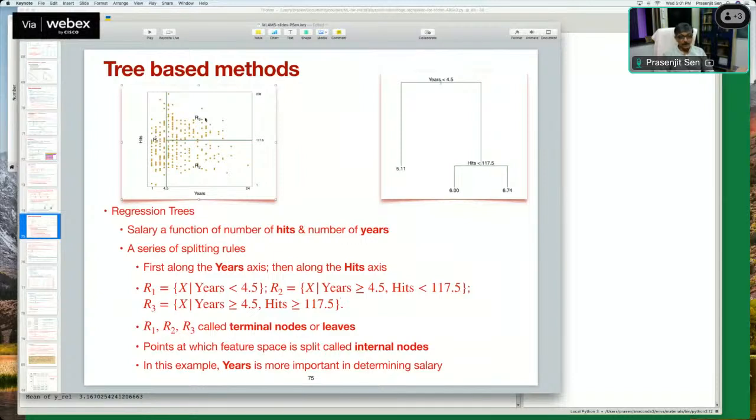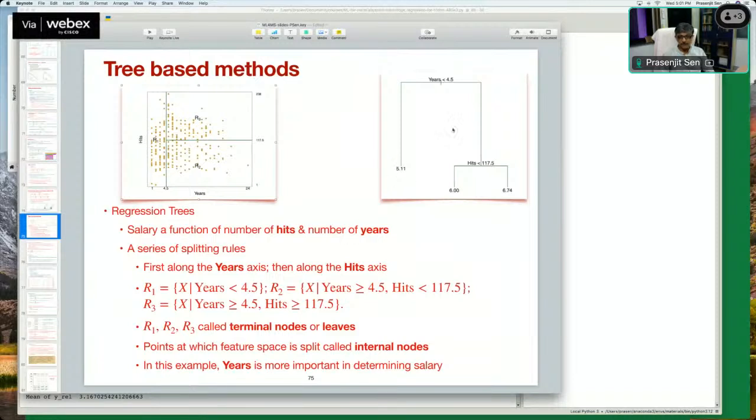So these R1, R2, R3 are in technical terms called terminal nodes or leaves of the tree. So we are creating a tree. Now we draw a different picture to represent the situation. At the top, we had all the data. Then we split it into two branches. One for years less than 4.5, which is the left one.